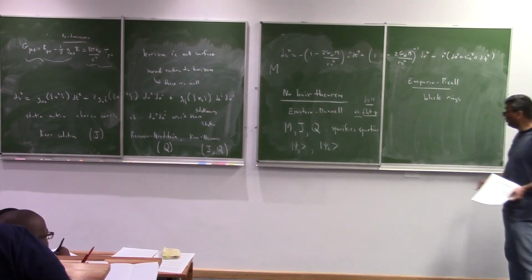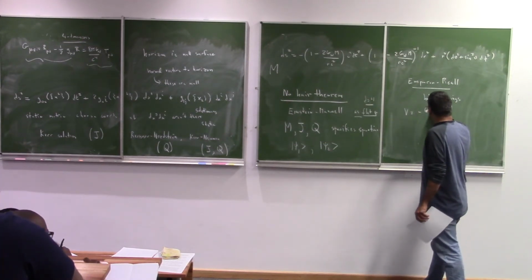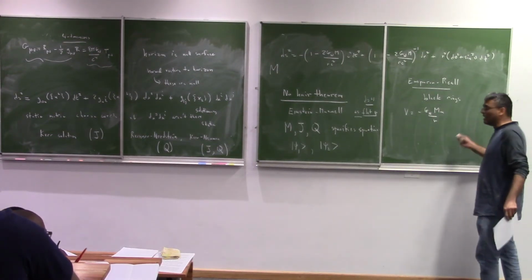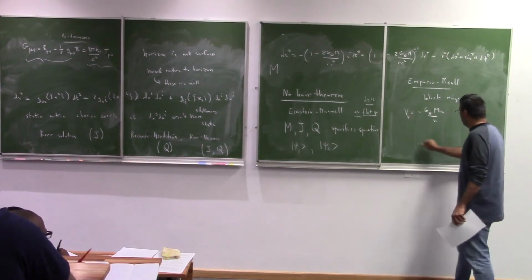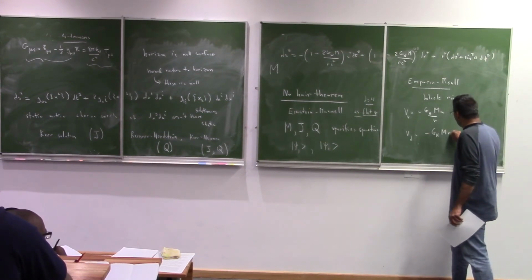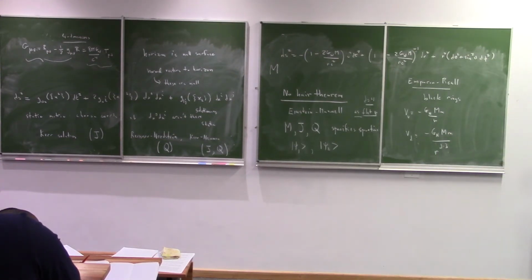In 4 dimensions, the Newtonian potential is minus G_N m m over r. In d dimensions, this potential is minus G_N m m over r to the d minus 3. So gravity has a different characteristic fall-off at infinity based on what dimension you're in.